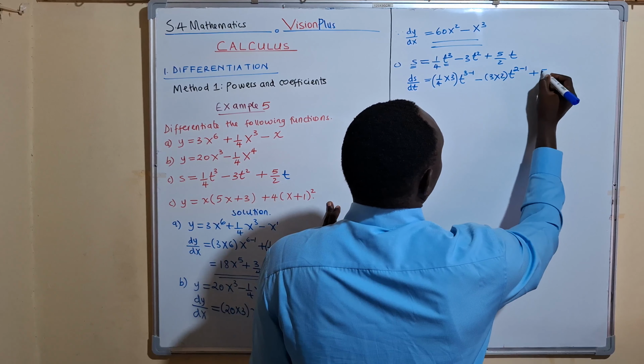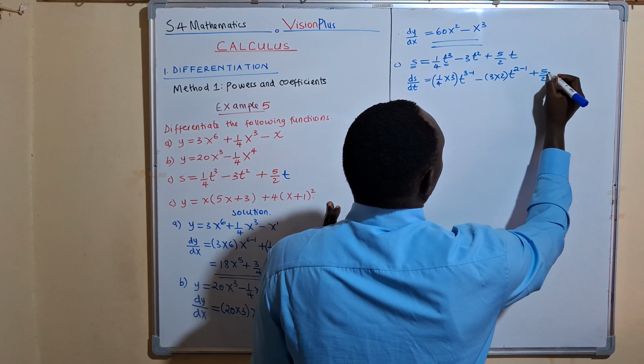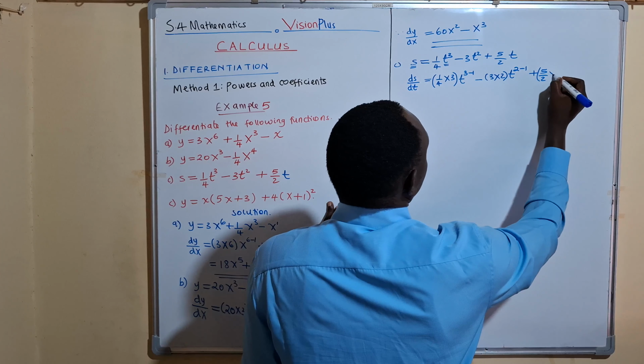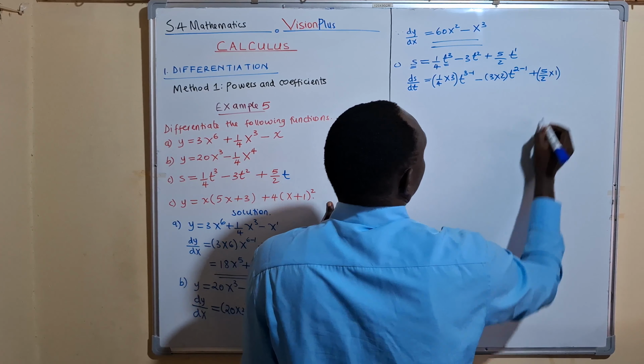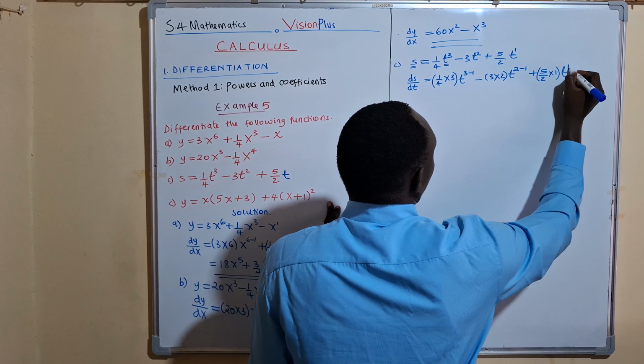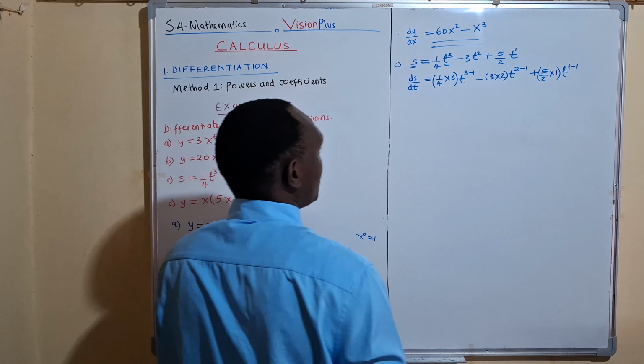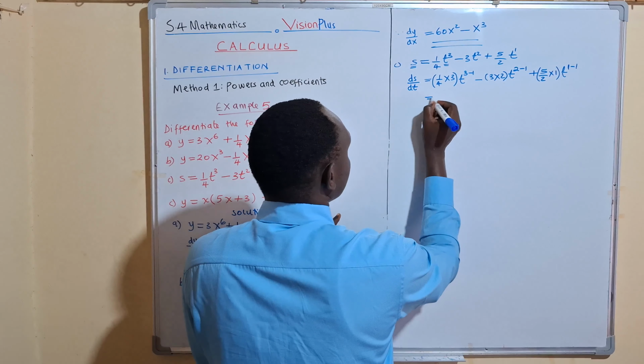And then plus 5 out of 2 times, what is the power of t here? It is 1. So times 1. Then t, 1 minus 1 for us to get the new power. Then we simplify.